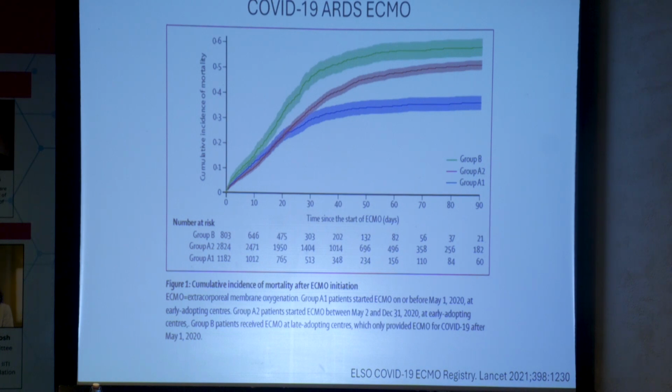Then as patient selection got broader, as the pandemic got bigger, the outcomes were not as good overall. But you can see as good as a 65% survival in group A and as poor as a 40-45% survival in group B, but still a lot of survival for a condition that was otherwise killing many patients with ARDS, as we all remember.